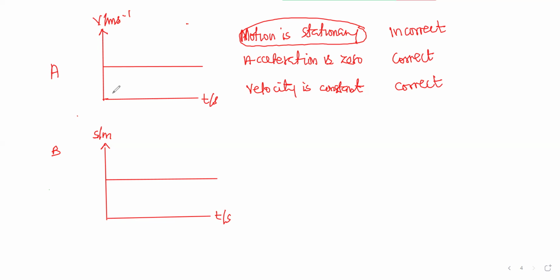Okay. So class, before you talk about a graph, you must identify whether it's a displacement time graph or a velocity time graph. For a velocity time graph, this is the motion of a body whose velocity is constant or uniform.